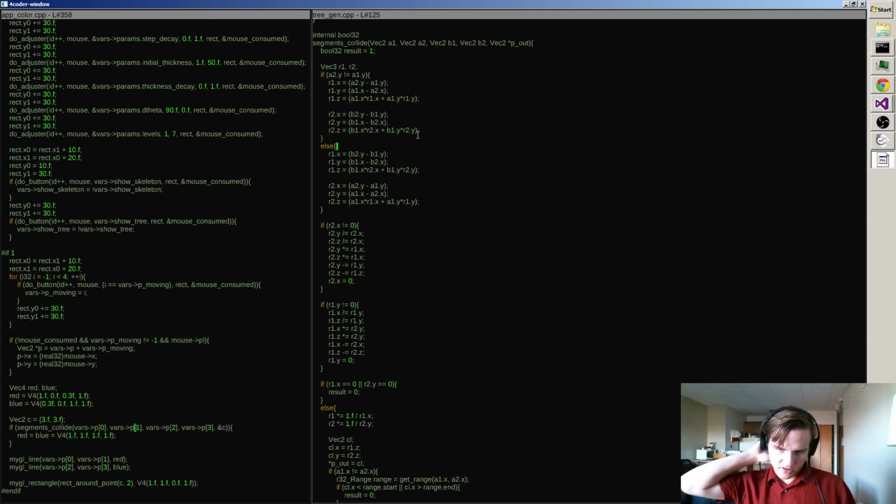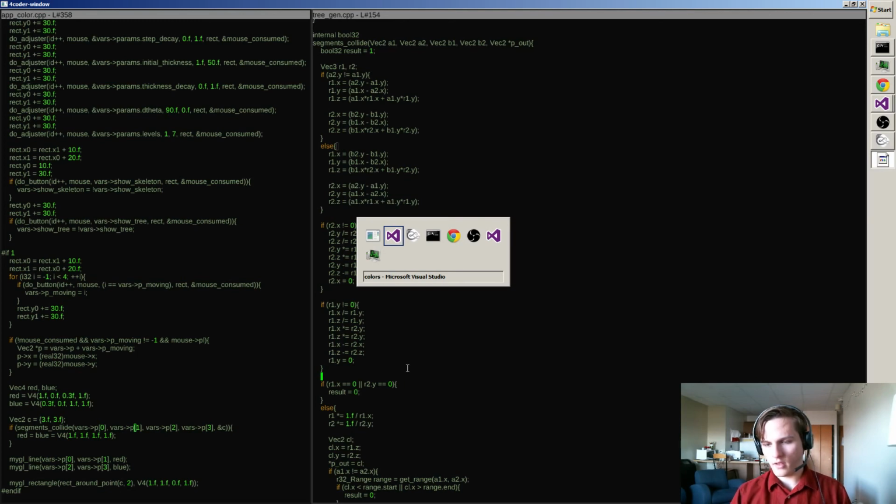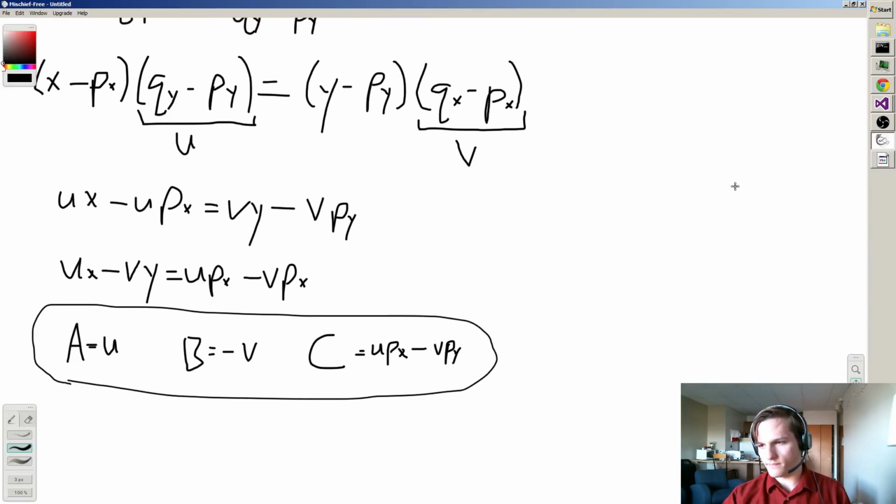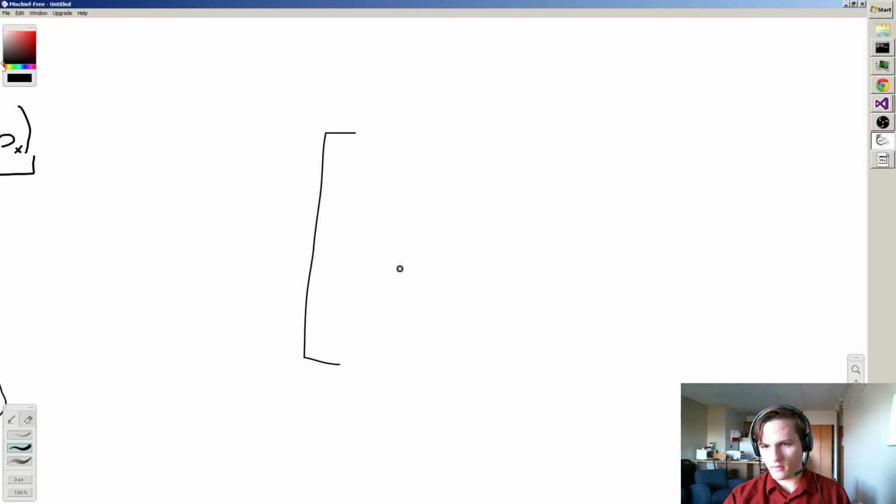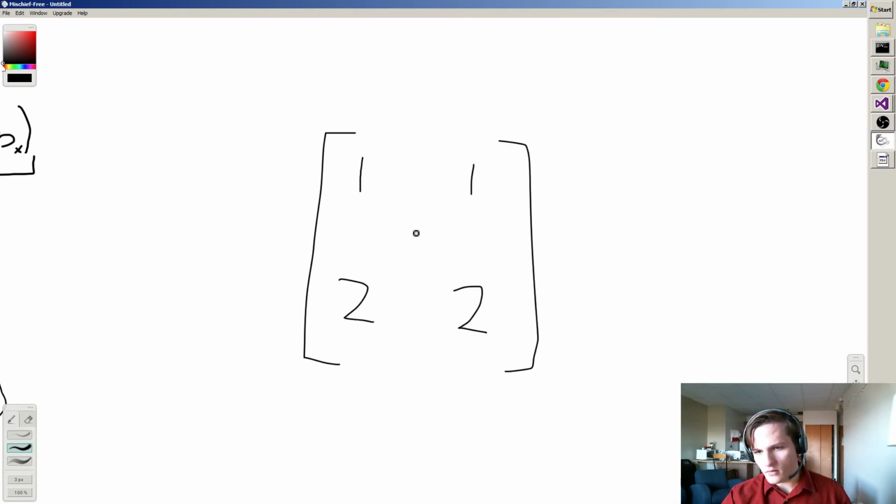Now the problem is just this case down here. This can still happen. I can still get a 0 there or there if they're parallel. So if you're in a situation where this is a 1, and this is a 1, and this is a 2, and this is a 2, these two rows are linearly dependent, so it'll knock one down to 0, but at the same time it'll knock the other down to 0.